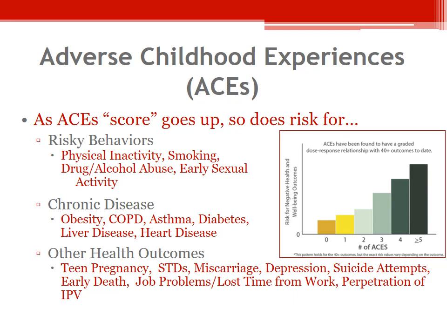Your risk for chronic diseases goes up as your ACEs score goes up. You're more likely to experience obesity, chronic obstructive pulmonary disease, asthma, diabetes, liver disease, and heart disease. You're also at greater risk for other health outcomes, such as teen pregnancy, sexually transmitted diseases, miscarriage, depression, suicide attempts, early death, lost time from work or problems holding a job, and also perpetration of intimate partner violence.